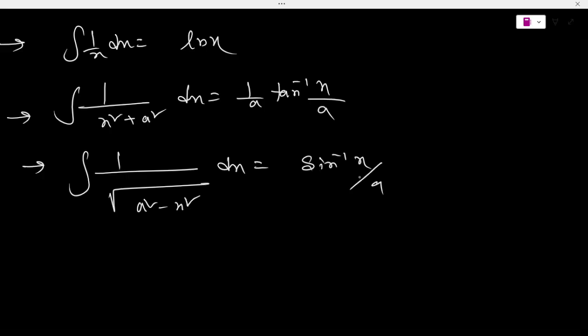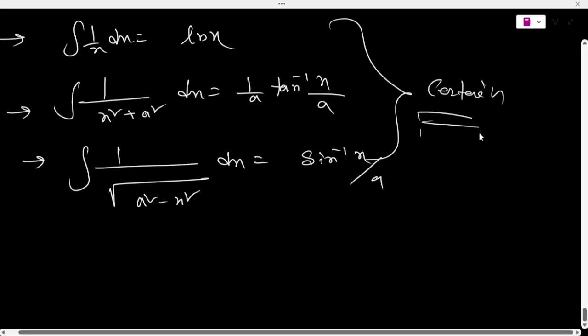So these are the things you have to remember, certain integrals, to evaluate some kinds of problems, and I'm going to add some useful rules here also.